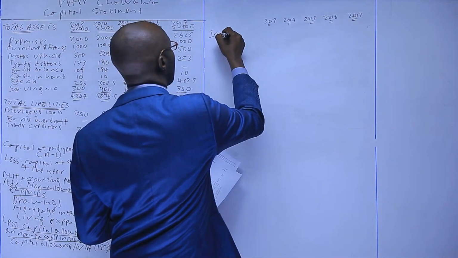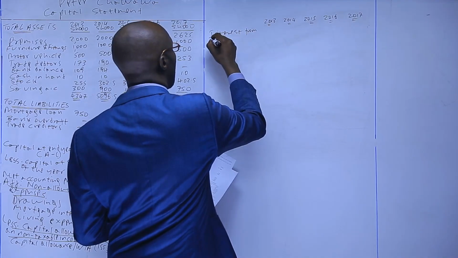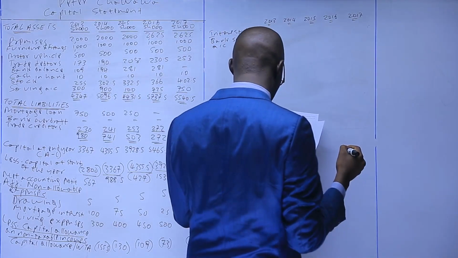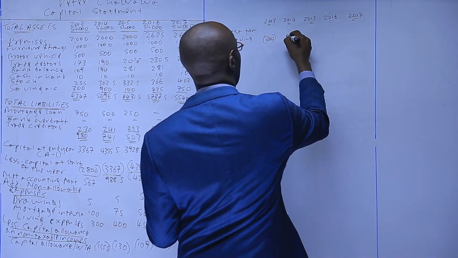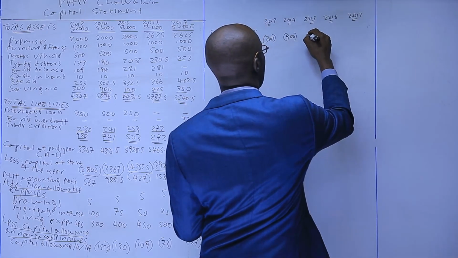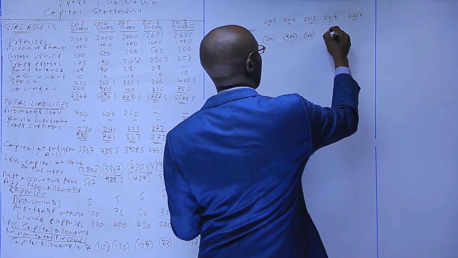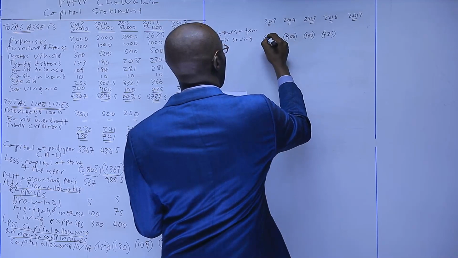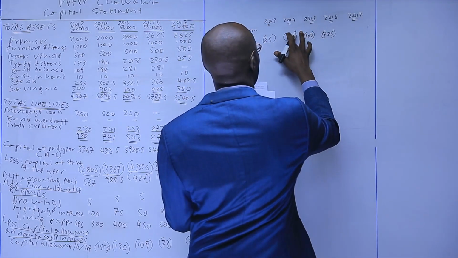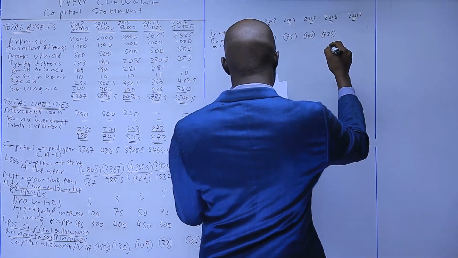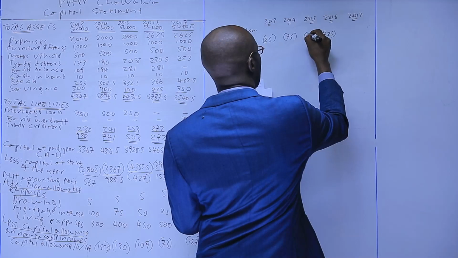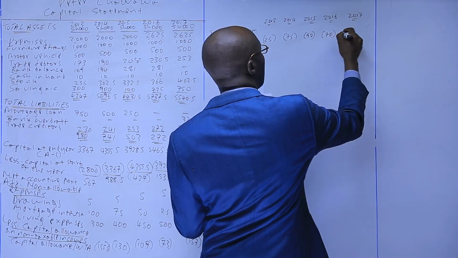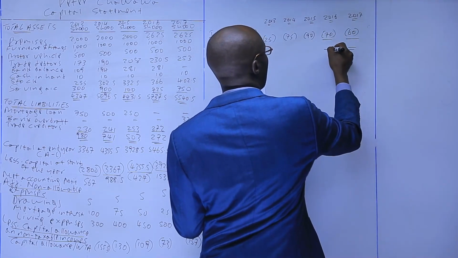So interest from bank saving account: 25, 75, 90, 70, 60, and 60.